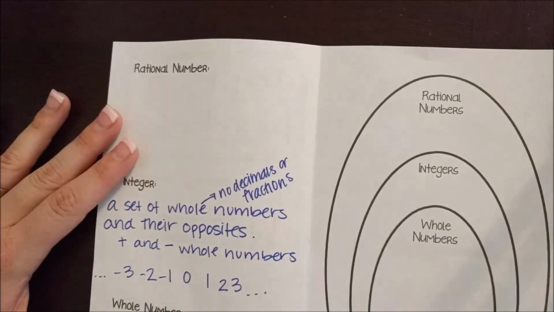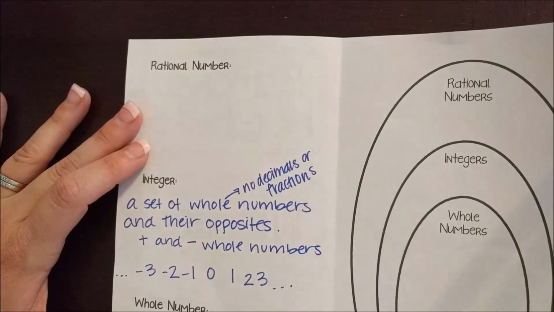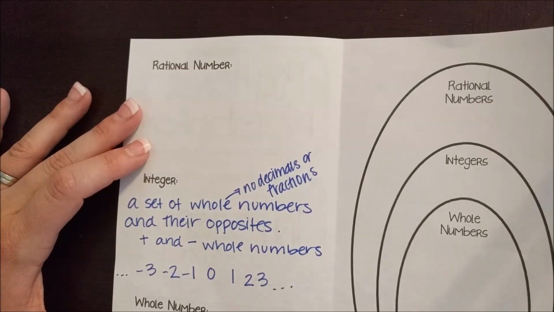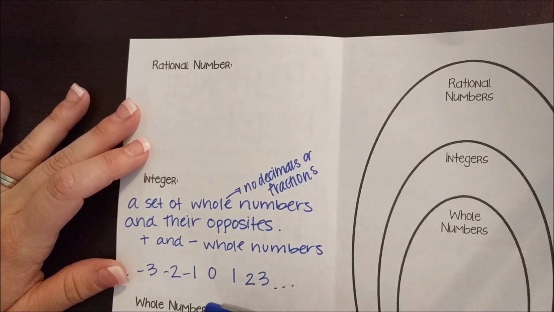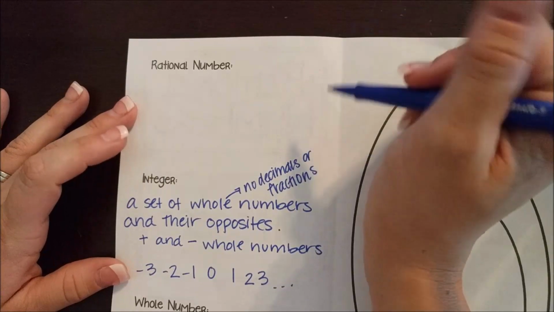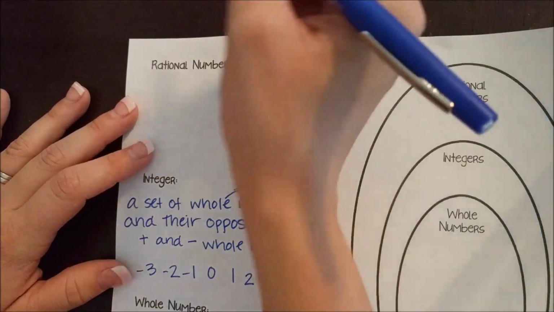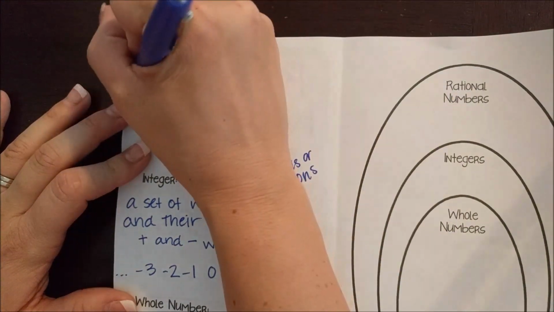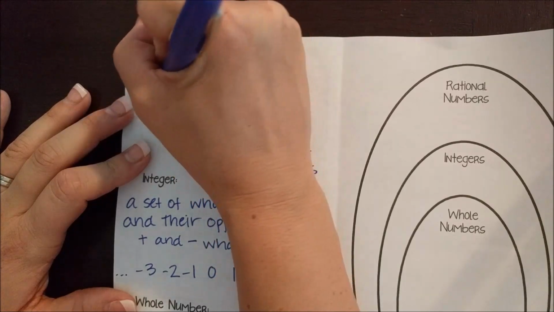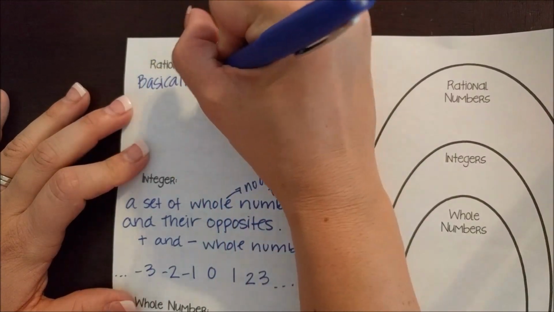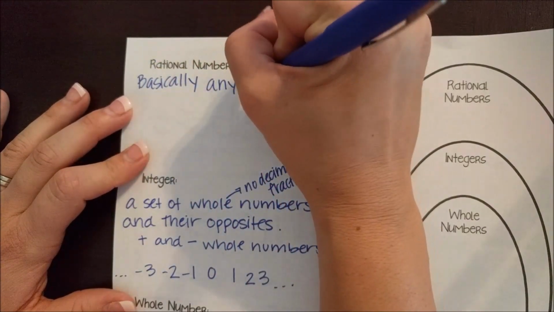Okay, now let's talk about rational numbers. Rational numbers are basically any number that we talk about. They're natural numbers, whole numbers, integers, and they're also numbers with decimals and fractions. So it's basically any number.